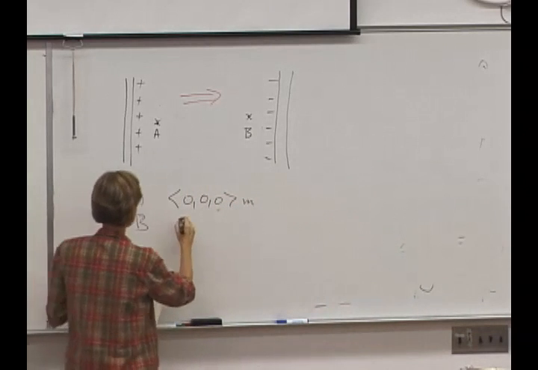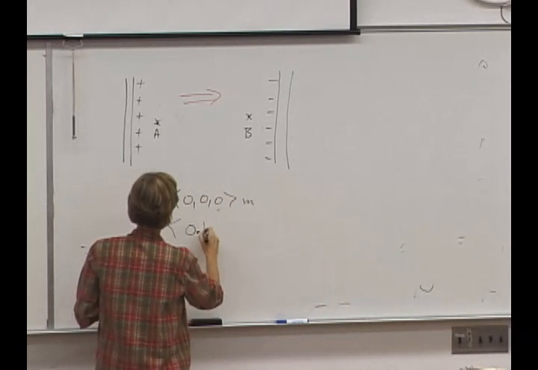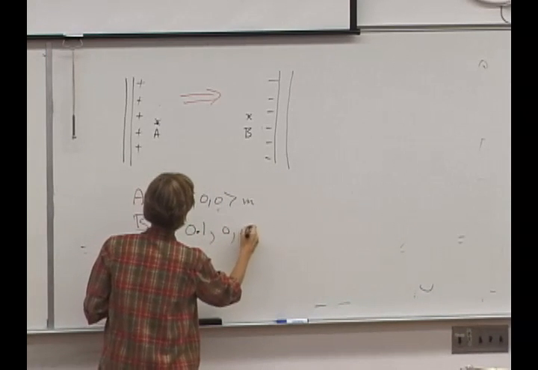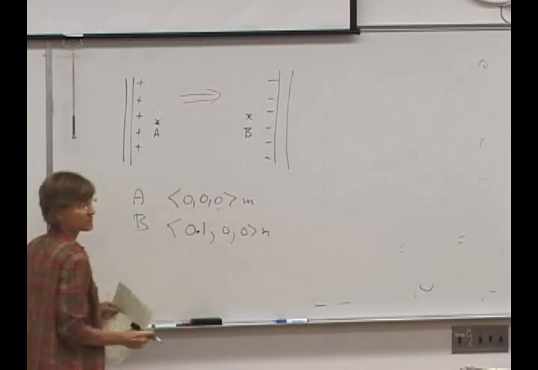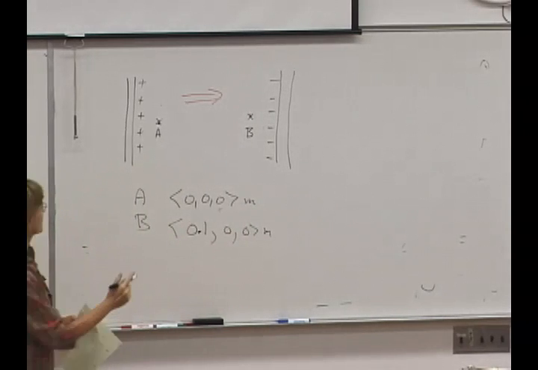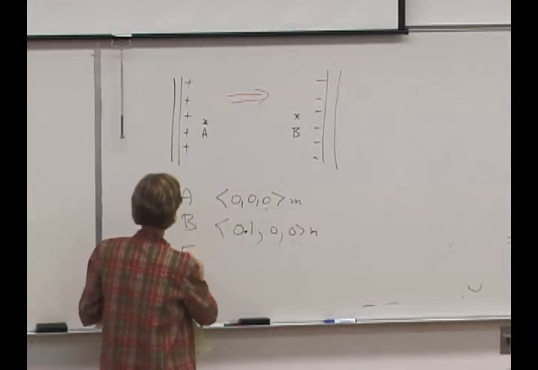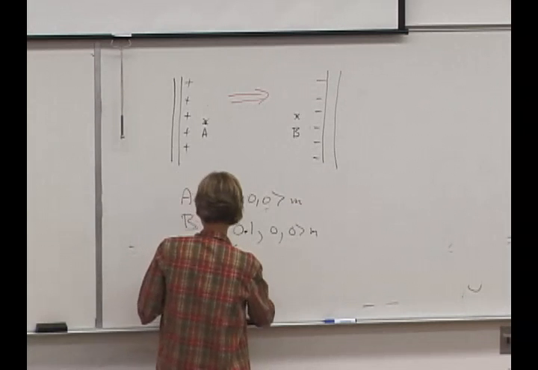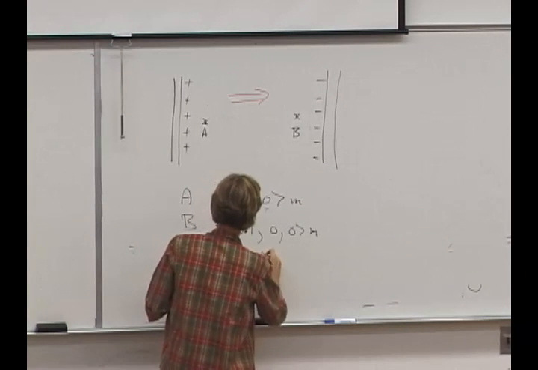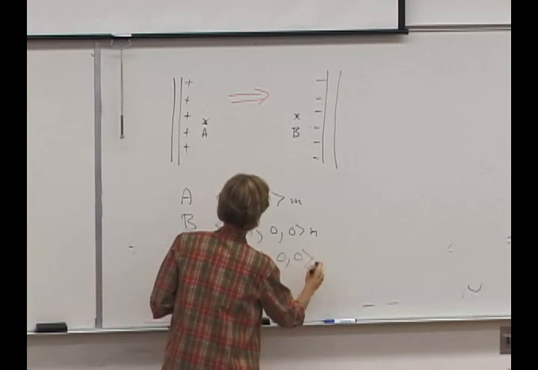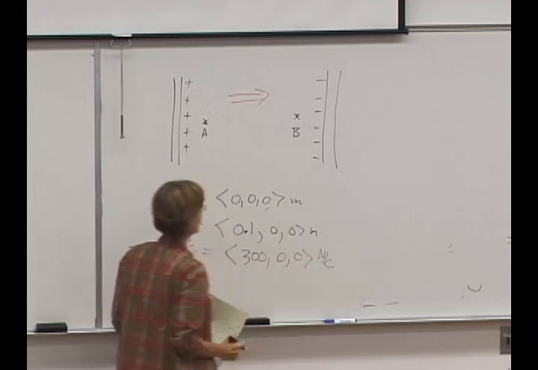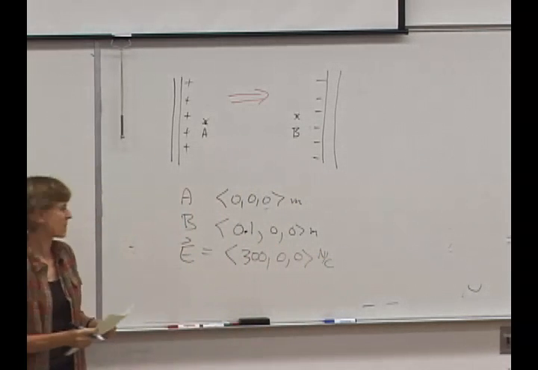And B, we'll say, is at 0.100 meters. Okay? And the electric field in this region is 300 newtons per coulomb or volts per meter.